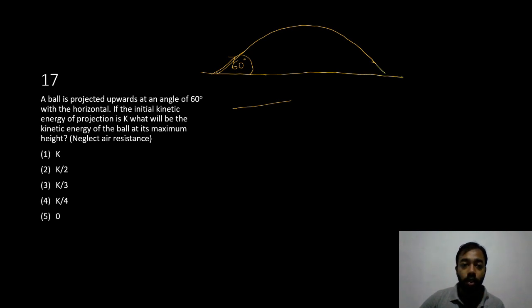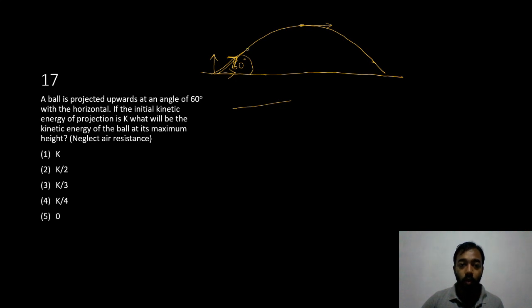So here is the point of projection, and here is the maximum point at which the height is maximum. At the maximum height, you can consider two components of the initial velocity: a vertical component and a horizontal component.